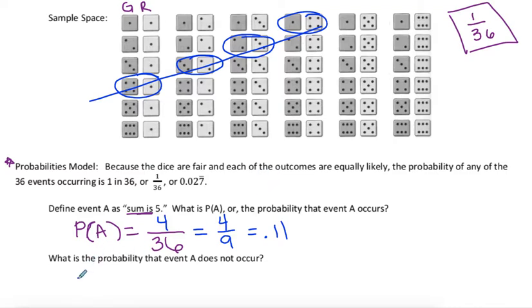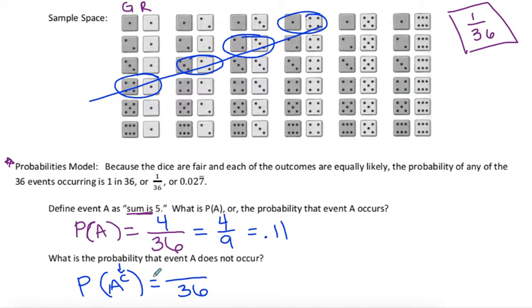On the second part, it says, what's the probability that event A does not occur? Again, that's that complement notation here. Now I'm trying to count out the probability of an event not occurring. I have 4 here, which means all the other ones are not a sum of 5.